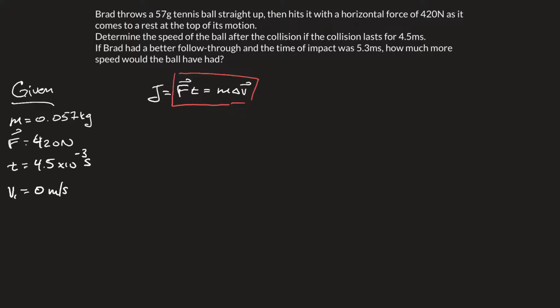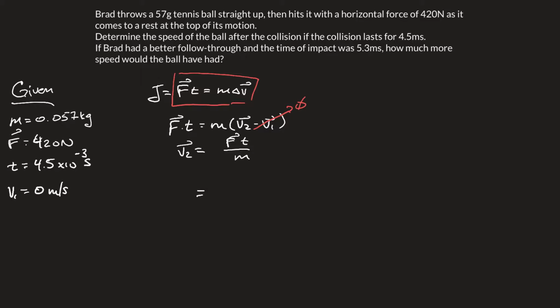So if I take this equation and I just expand it a little bit, so I have F t equals m times v2 minus v1. Well, v1 is equal to 0, so this part is going to disappear. That goes right to 0. And I can actually just rearrange my equation, and I'm left with v2 is equal to F t over m.